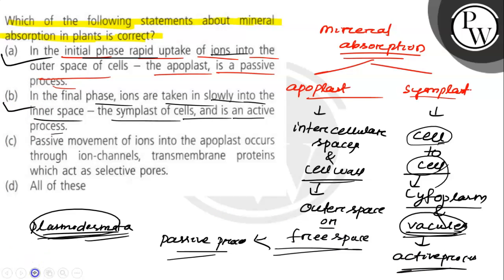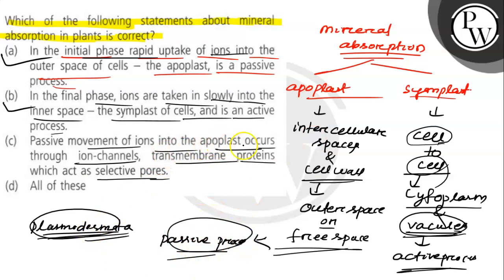Then option 3 says that passive movement of ions into the apoplast occurs through ion channel transmembrane proteins, which are selectively porous. So in the apoplastic movement there will be passive movement through the ion channels.